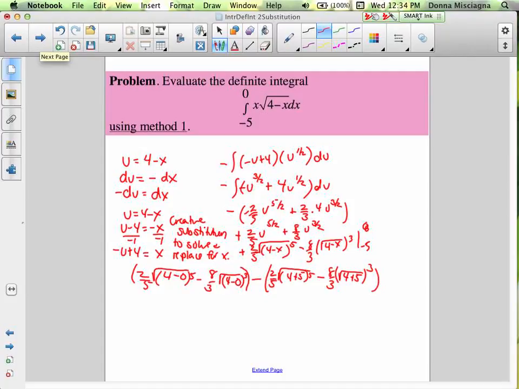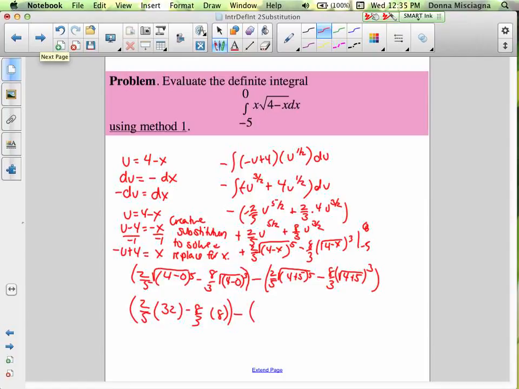And we got everything, right? Yeah. So this is going to be 4. Square root of 4 is 2. 2 to the 5th power is 32. So this is 2 fifths times 32 minus 8 thirds. That's a cube, so this is going to be 2 cubed, so that'll be 8. And then I'm going to still leave these parentheses here because I'm subtracting all of this.